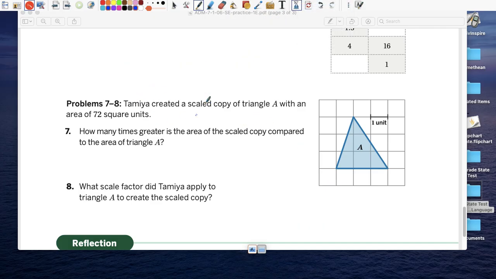Let's start again. I misread this. So Tamiya created a scale copy of triangle A with an area of 72 square units. So this is the original. So the original triangle has what area?